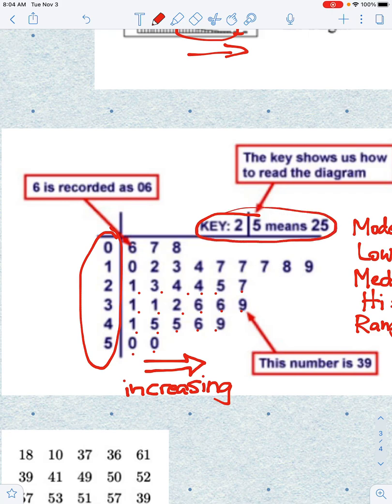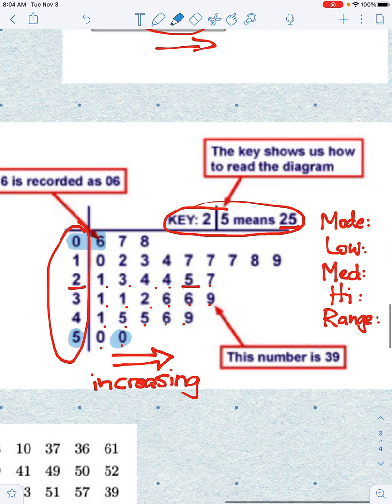It shows you that the 2 and the 5 represents 25. We can see our smallest number here, 0.6, and we can see our largest number, 50. So things that we see in this list, again, the high and the low, we can see the middle value.